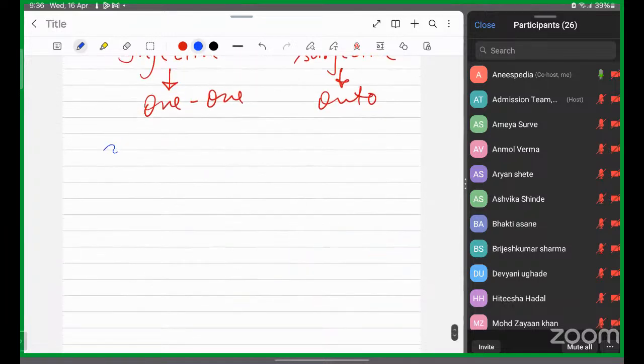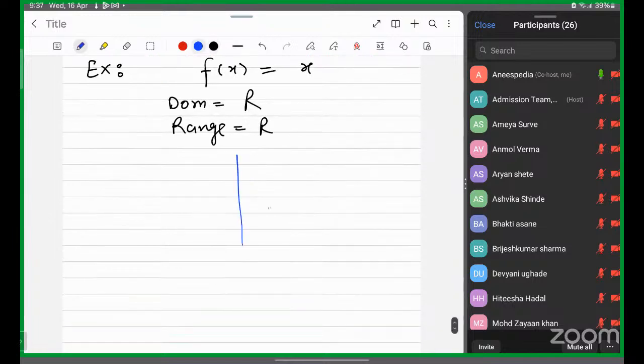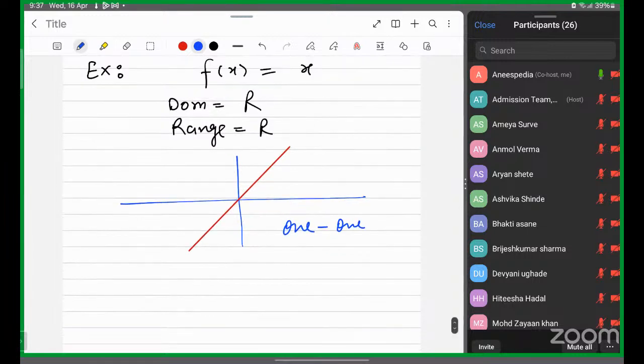For example, let's say I have a very simple function f of x equals x. Its domain is R. Its range is also R. And if you plot the graph of y equals f of x, it will look like this. From the graph, it is clear that it is one-one and its range is the same as its codomain.